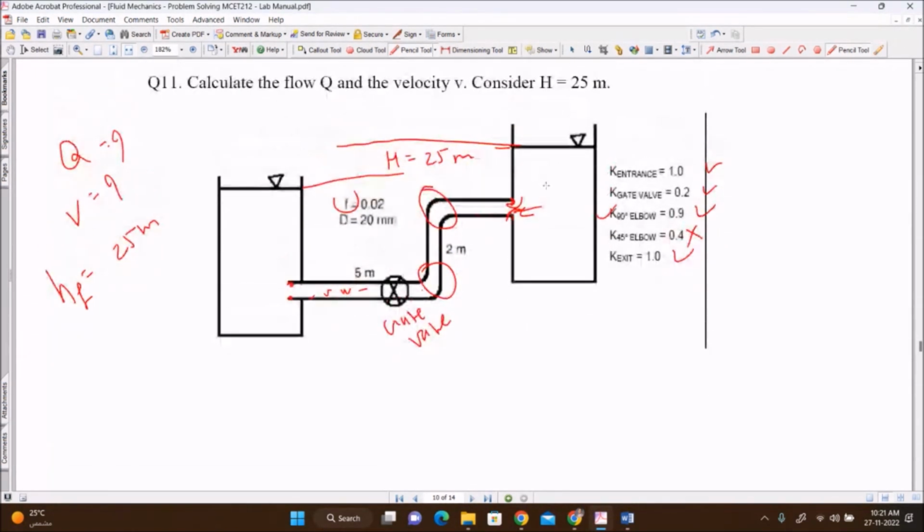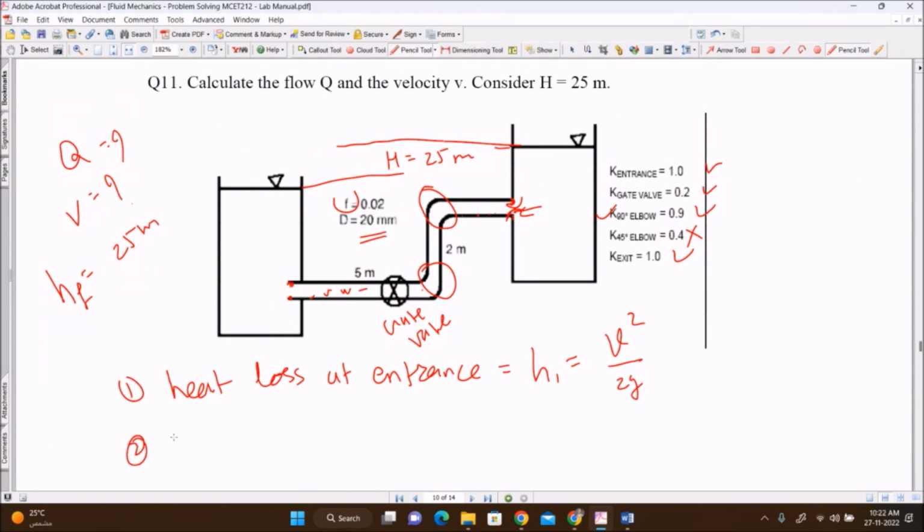So how to solve this now? The total head loss is nothing but the sum of the head losses. Number 1, head loss at entrance is H1 is equal to V1 square by 2G. The velocity remains the same as the diameter is the same, 20. So V1, V2, V3 are the same.